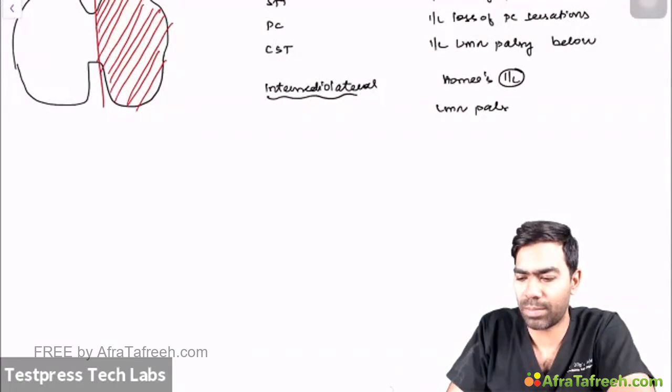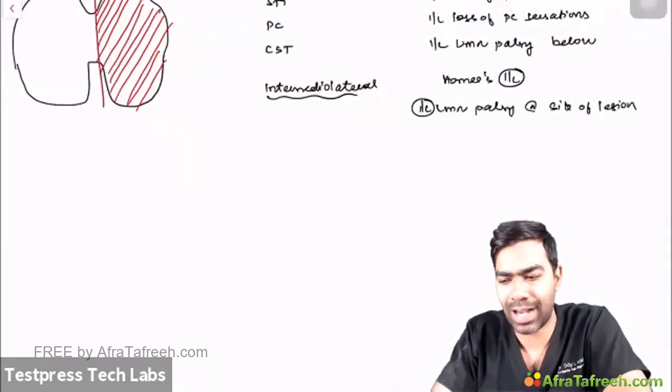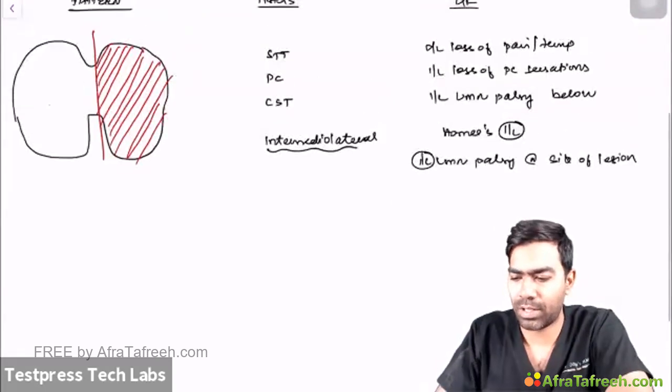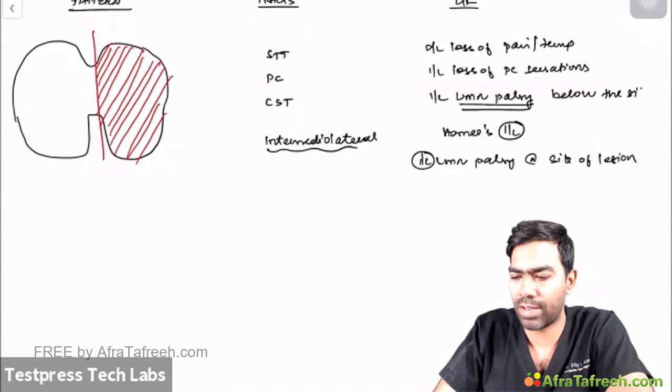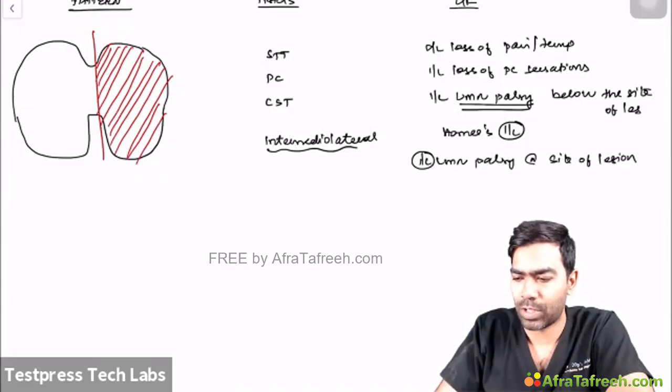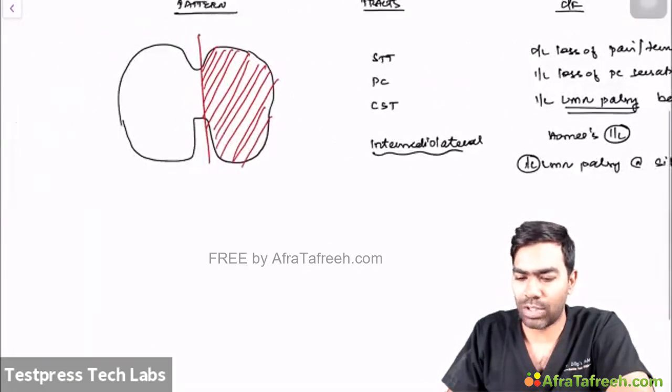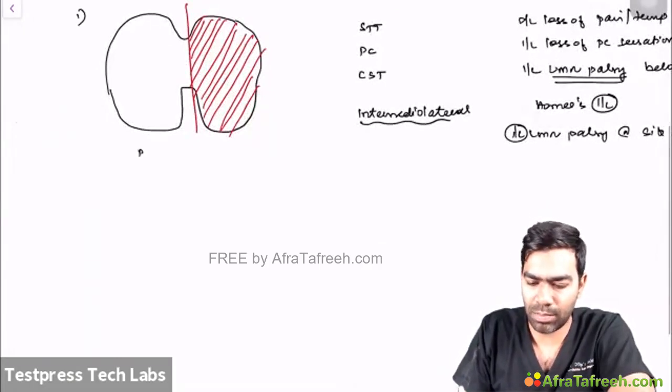There will be LMN paralysis on the ipsilateral side only at the site of lesion. That is because of the damage to the anterior horn cells and the nerve roots at that particular site. But apart from that, there will be UMN kind of paralysis only below the level of lesion.